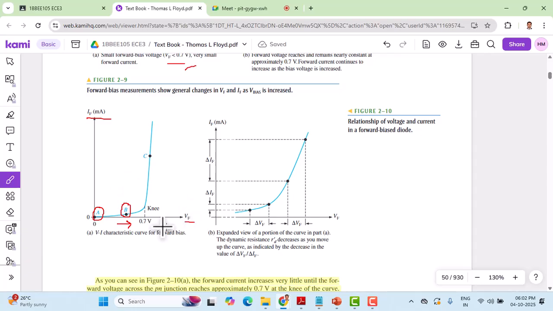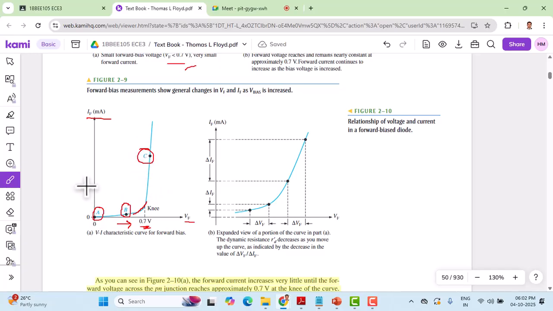This is the forward voltage along the positive x-axis. Where exactly the current starts increasing is called the knee region. The moment the forward voltage crosses 0.7, there is an exponential increase in the current, and that is point C.